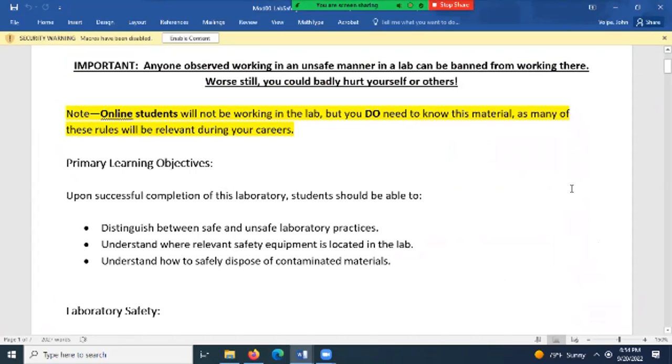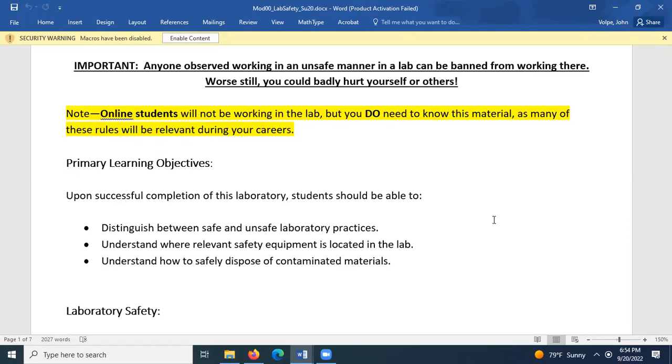So you're not going to be working in the lab, but you do need to know this material, as many of these rules and procedures will be relevant during your career, and you will be quizzed on some of this material. So the primary learning objectives for this lab are to be able to distinguish between safe and unsafe laboratory practices, understand where relevant safety equipment is located in the lab.